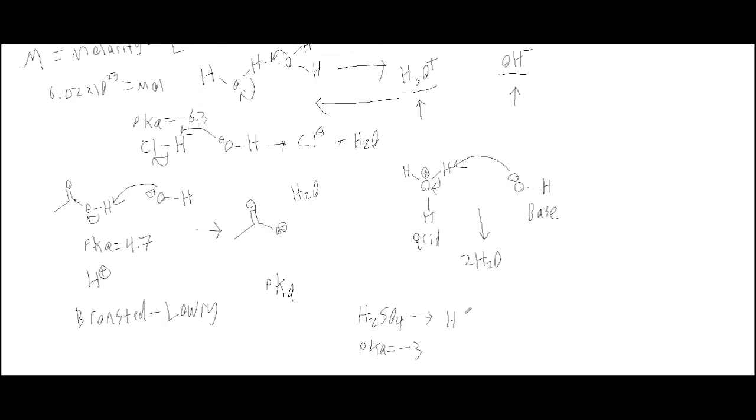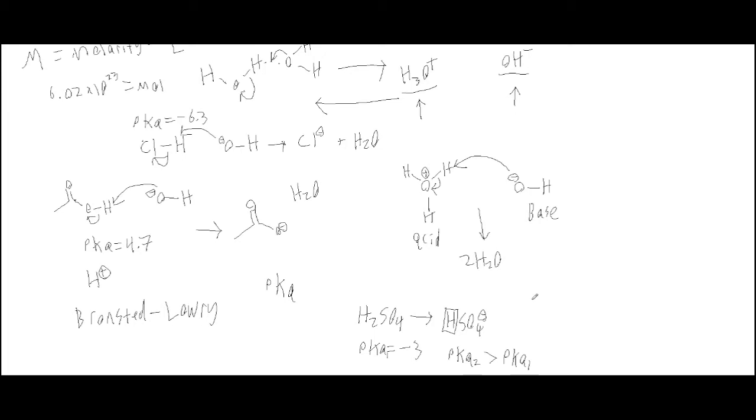hydrogens and then it becomes HSO4 minus. I don't know the pKa of this other hydrogen off the top of my head, but that pKa, which we'll call this pKa1 and this pKa2, will be greater than pKa1.